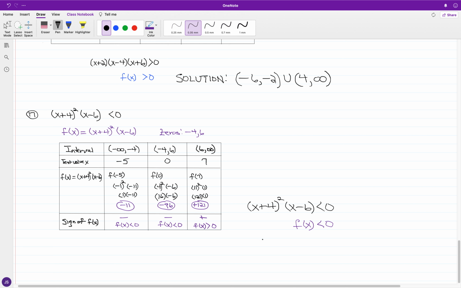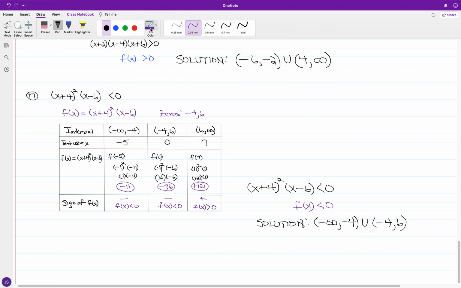And guess what? For the interval solution, for the first two sections we have f of x less than 0. So you have values of x less than negative 4, along with those values of x greater than negative 4 and less than 6. So that would be your solution.